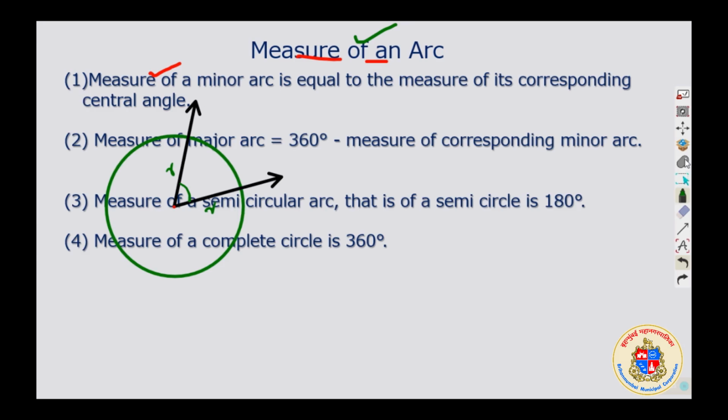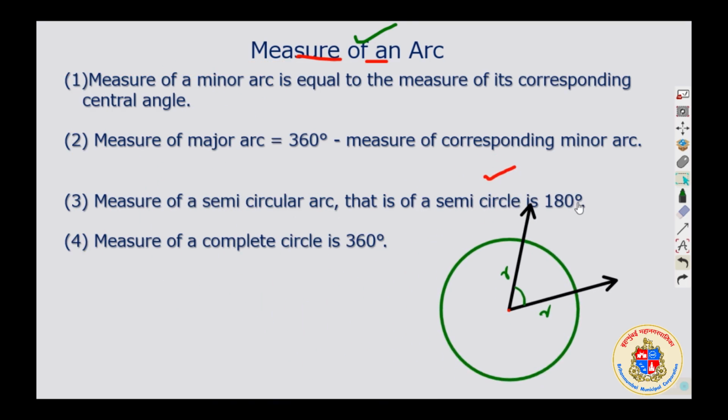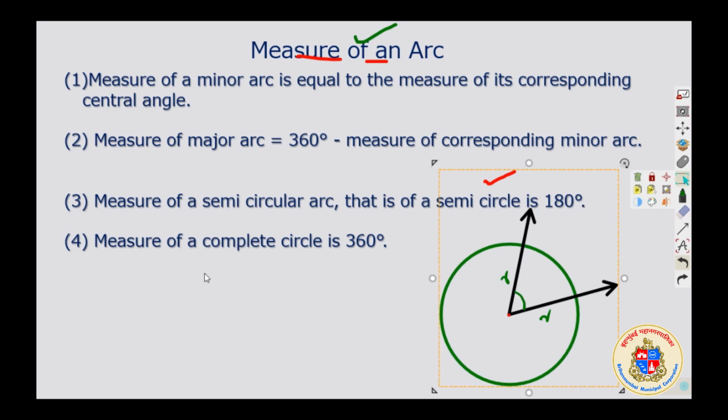Measure of an arc. Measure of a minor arc is equal to the measure of its corresponding central angle. So this is a minor arc now here, and this is a major arc. What is the measure of this central angle?